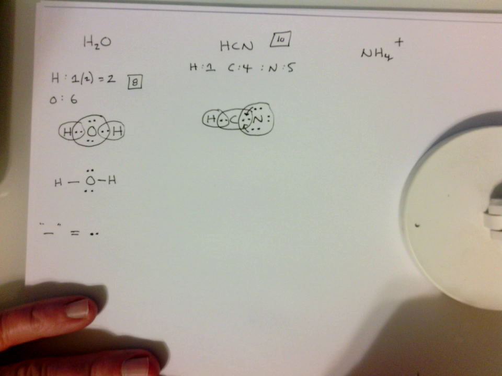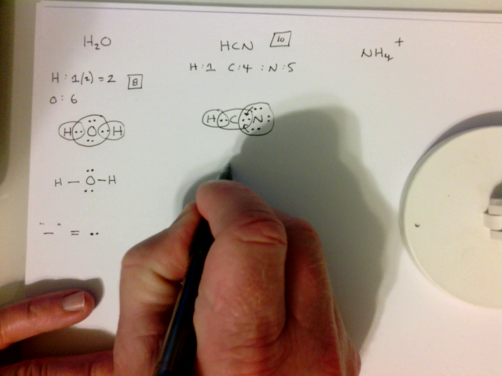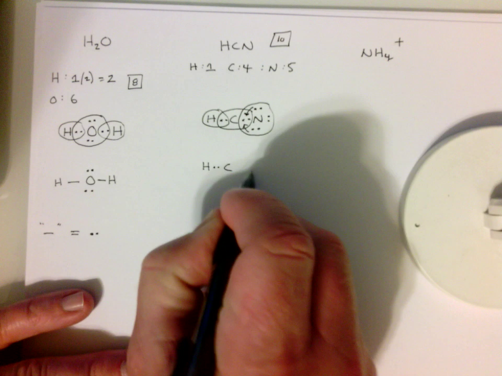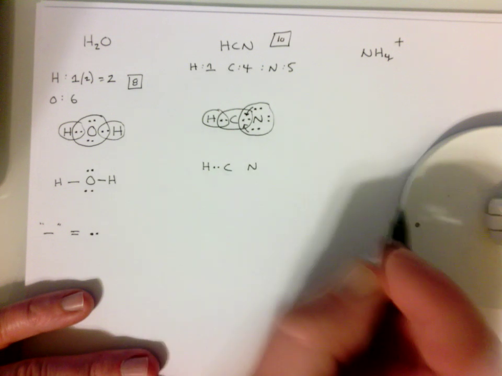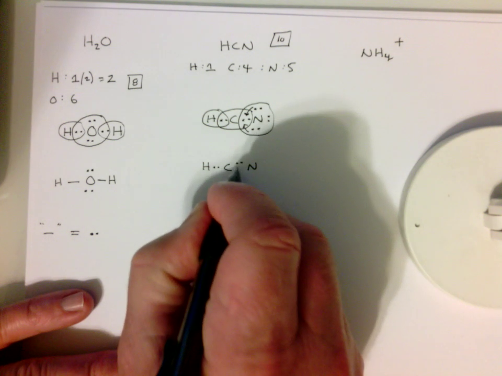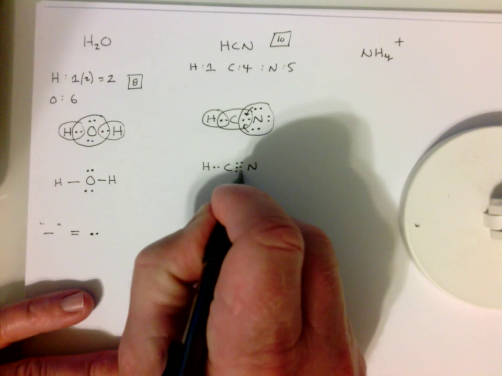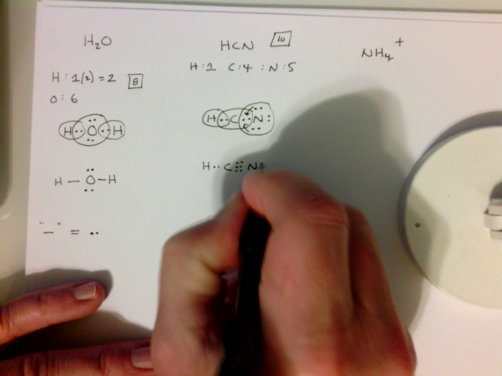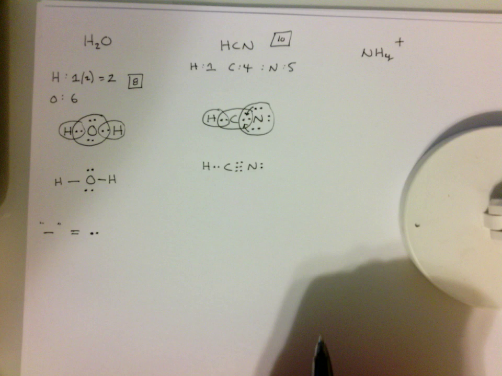And here's our quick redraw. So we're going to go carbon, hydrogen, nitrogen, and we're going to place not one, not two, but 3 pairs of electrons between the carbon and the nitrogen. And a final unshared pair out there.